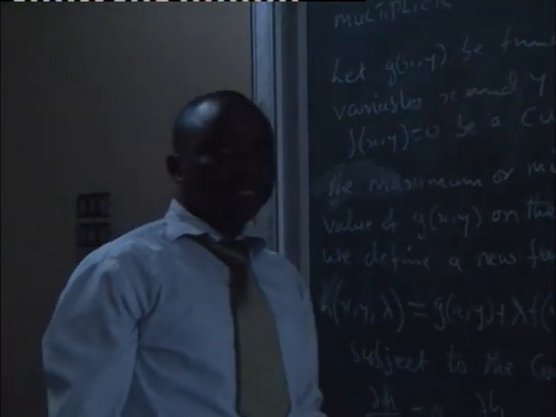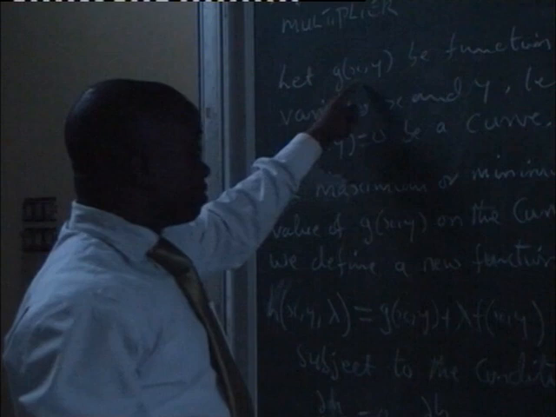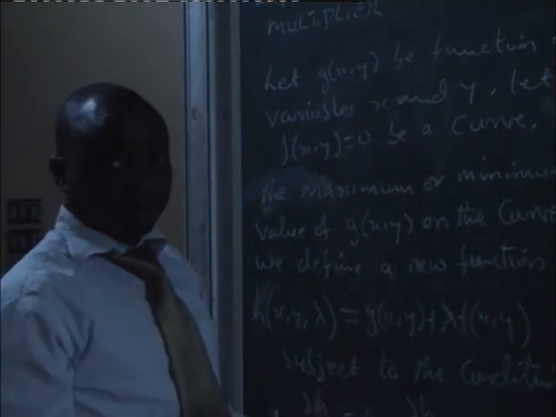Okay, so if we want to use the Lagrange method of undetermined multiplier, we are given a function, and we'll also be given a curve.